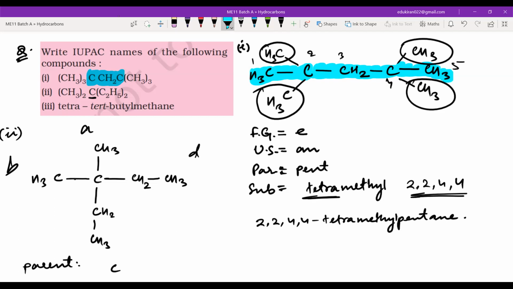I can only start from D or C, not A or B. All of these carbons are not the same. You will start from a terminal which is most away from the junction. Then only will you get the most number of carbon atoms. Pent, right? Yes, sir.